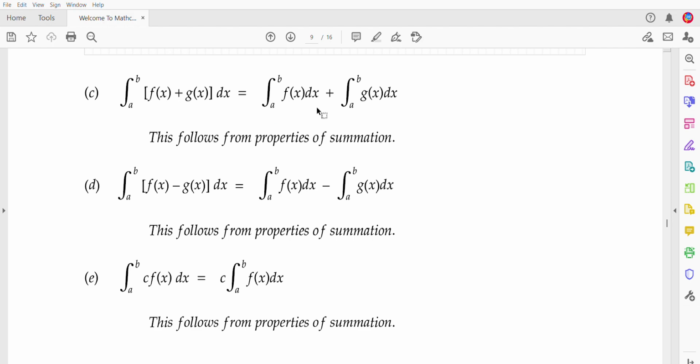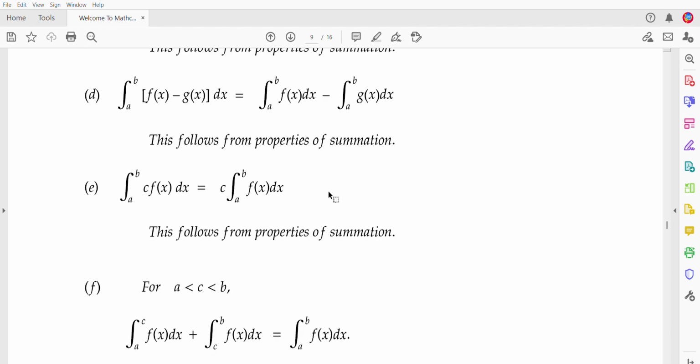Likewise, definite integral a to b of a difference of two functions is the difference of definite integrals. Why does this happen? Again, this happens because of summation. Summation splits differences. Therefore, definite integral also splits differences.